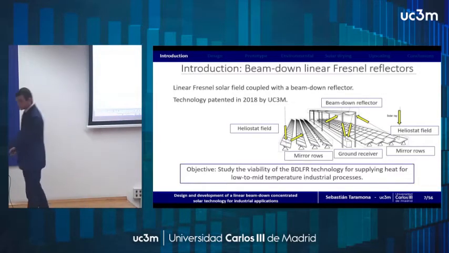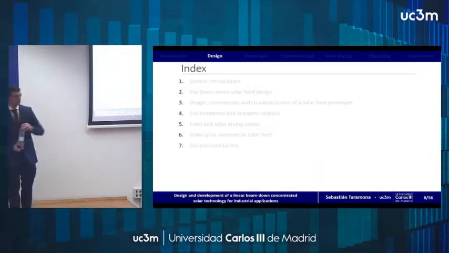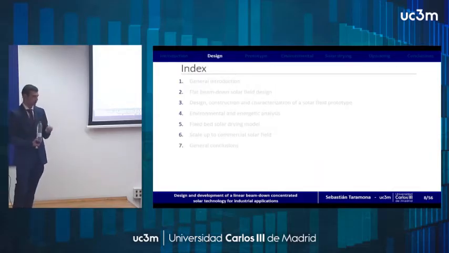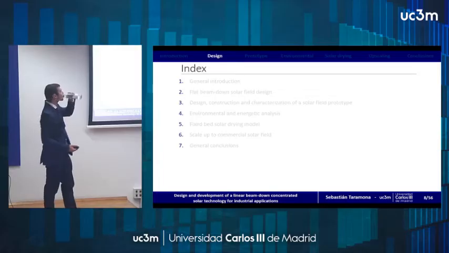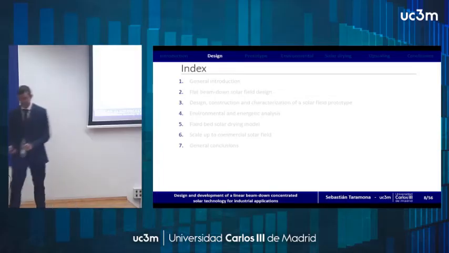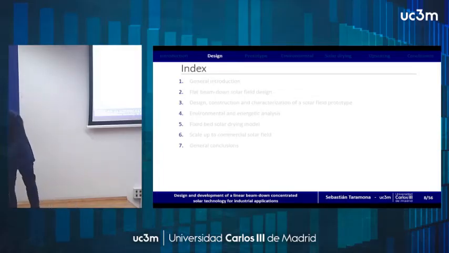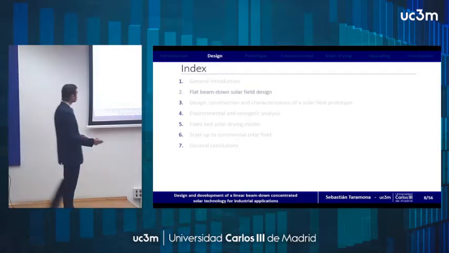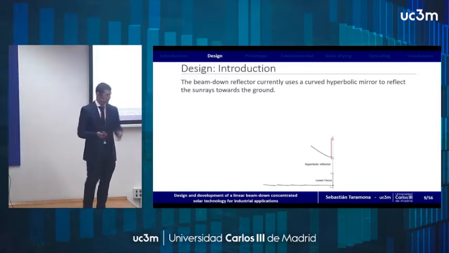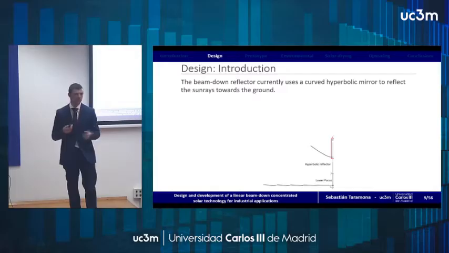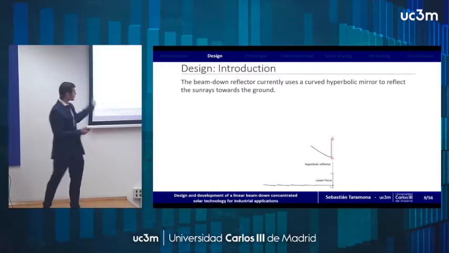Okay, so once we have established the context of the thesis, we'll start with the design process of the technology we're proposing. As I previously said, the beam down basically utilizes the optical properties of the hyperbola.